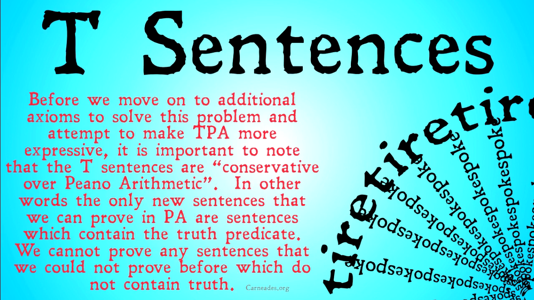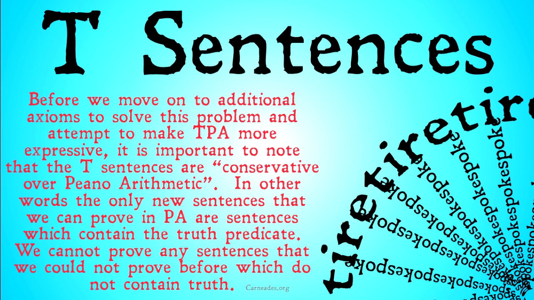But before we move on to these additional axioms, which are going to solve that problem and attempt to make TPA more expressive, it's important to note that the T sentences are what's known as conservative over Peano arithmetic. What does that mean? Well, conservative over something means that we're not proving any excess theories. The only new theories that can be proven from adding the T sentences are sentences which contain that new predicate, that T predicate.